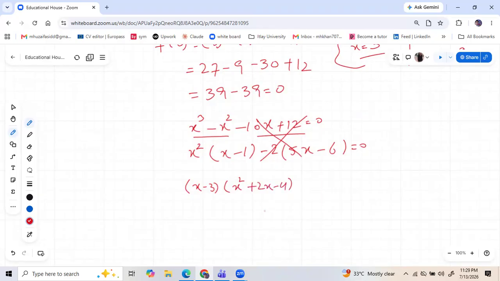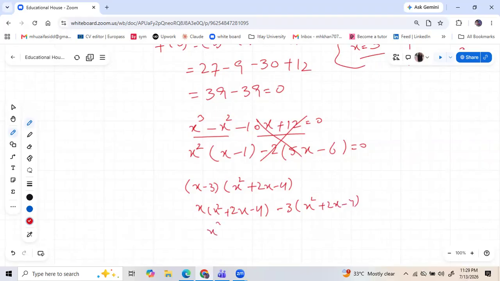You can check it. If we multiply this, this is x into x square plus 2 of x minus 4, and this is minus 3 into x square plus 2 of x minus 4.